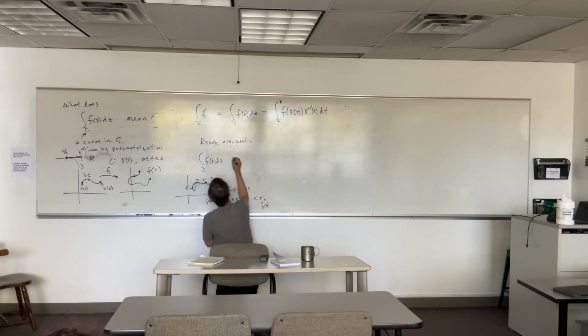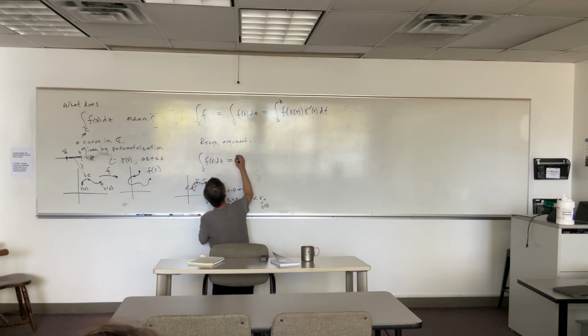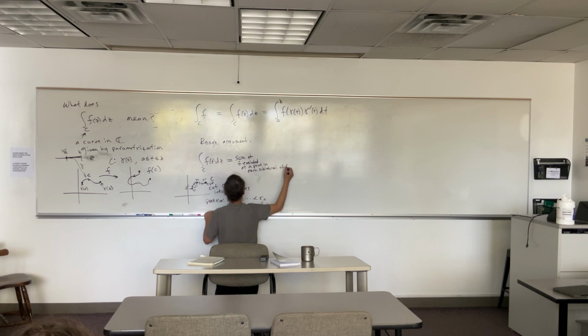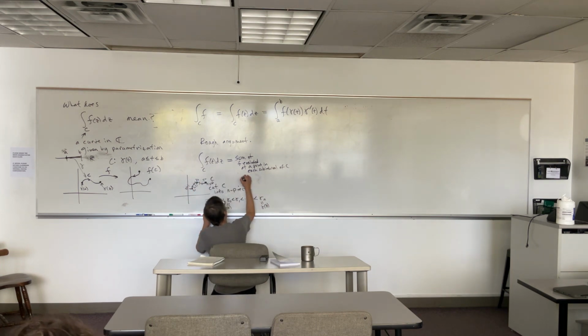But remember how this integral works. I'm going to write something super rough here. So this is equal to the sum of F evaluated at a point in each subinterval of C. So we're taking C and we're cutting it into these little pieces, times the length of that piece.